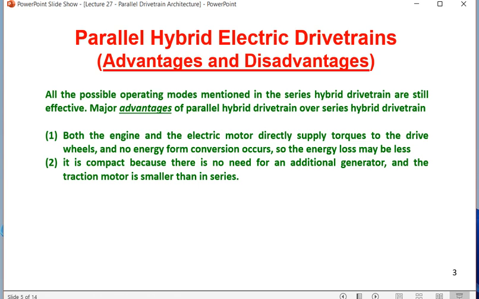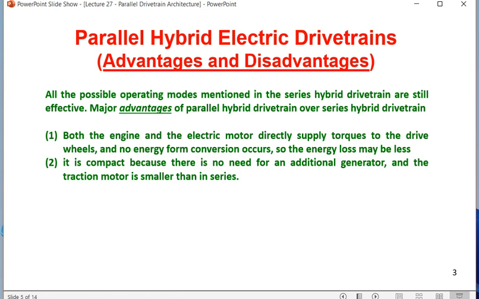This is a kind of proper alignment. So there is no energy conversion from engine to electrical energy, and electrical to mechanical energy, which was happening in case of series hybrid. There were 2-3 types of conversion. That thing is avoided here. So the first advantage is that both the engine and electric motor directly supply mechanical torque to the drive wheel, and no energy form conversion occurs in the primary source.